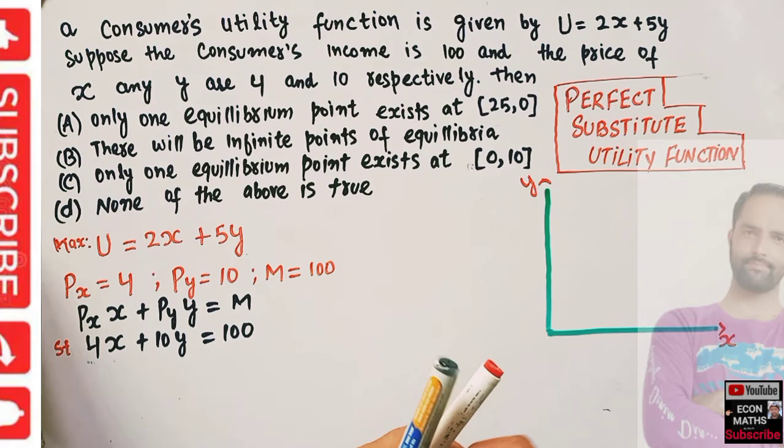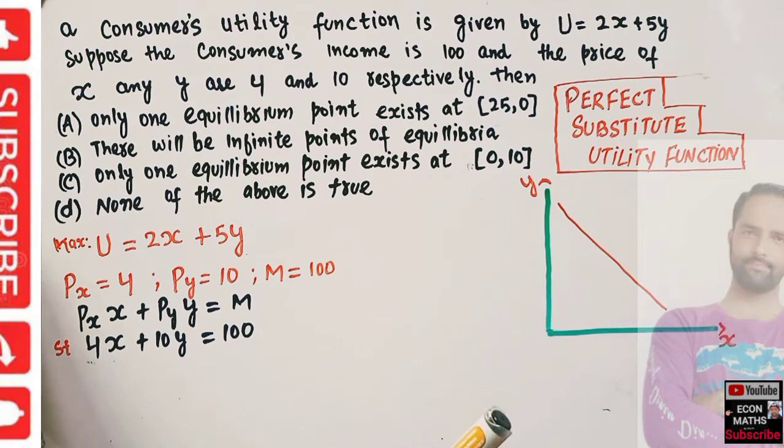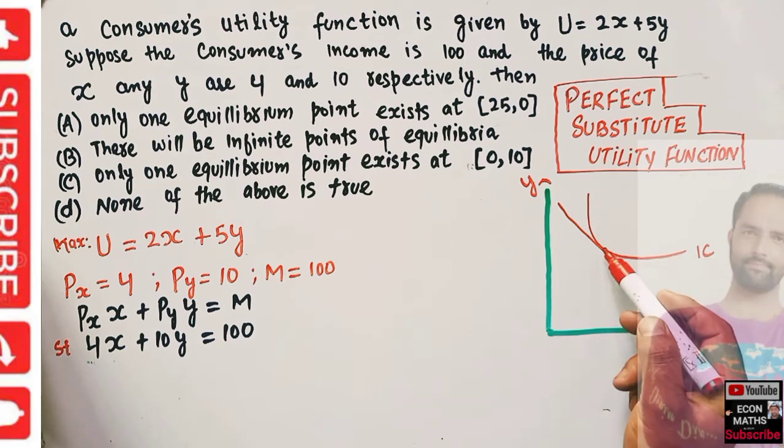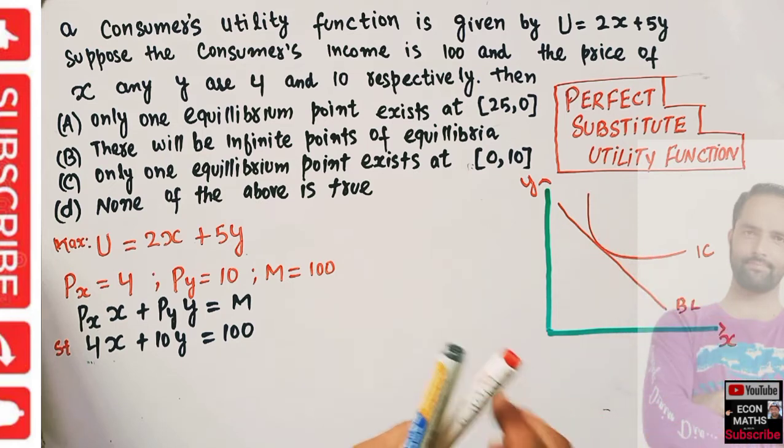The consumer will be at equilibrium when the budget line is tangent to the indifference curve. I have solved a number of questions and explained why this happens. So if this is our budget line and this is our indifference curve, optimality requires that both be tangent to each other.